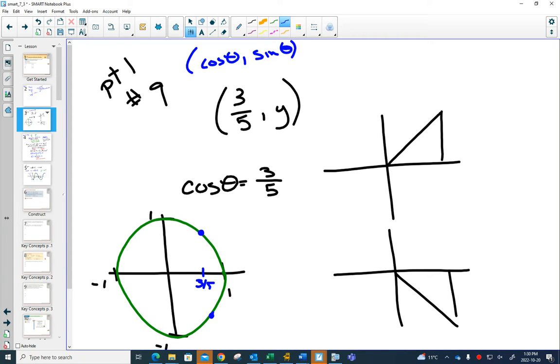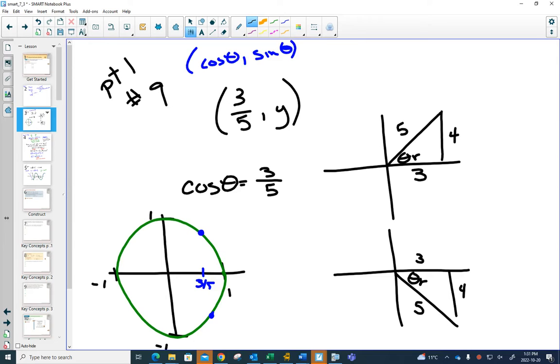But what we do when we draw our triangle is we're not drawing the triangle on the little unit circle. I would draw the triangle, label my reference angle, and cos is adjacent over hypotenuse. I do a squared plus b squared equals c squared, and find out this side is 4.